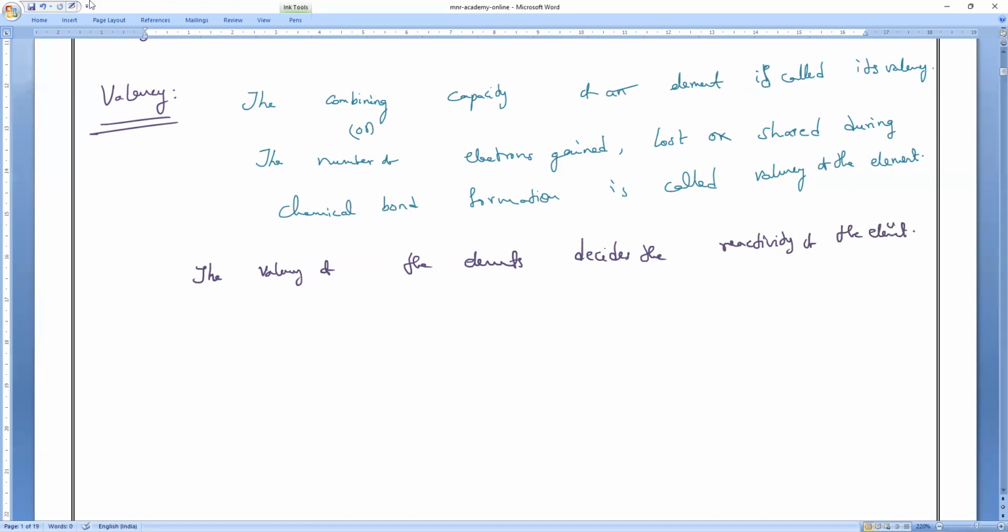So how fast or how slow the given element will react is decided by the valency. For example, let me show you the metal activity periodic table. I'll show you which is more reacting.